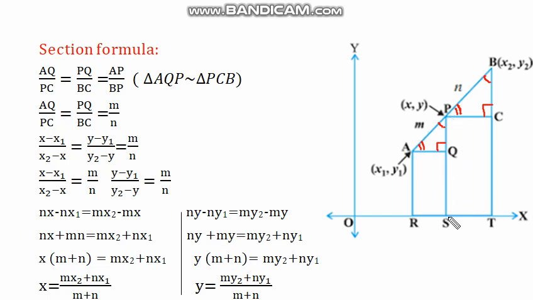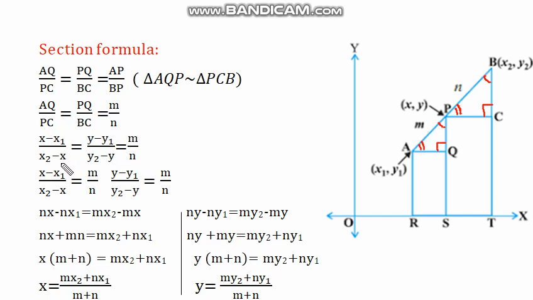So y minus y1 is the length of PQ. Similarly, BC we need to find out. The length of BT is y2. The length of CT is y. So y2 minus y, that is BC. So y minus y1 divided by y2 minus y equal to m divided by n.